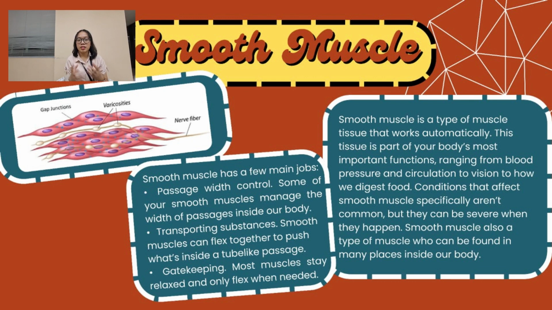This is how multiple sections of our digestive tract work. Third, gatekeeping. Most muscles stay relaxed and only flex when needed. The smooth muscles in sphincters, like in our bladder, stay flexed and only relax when they need to.